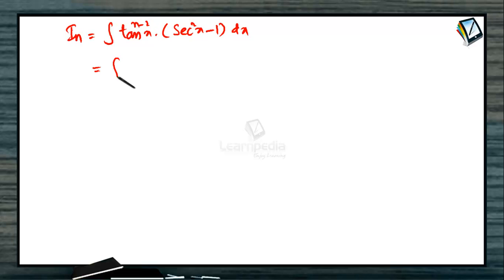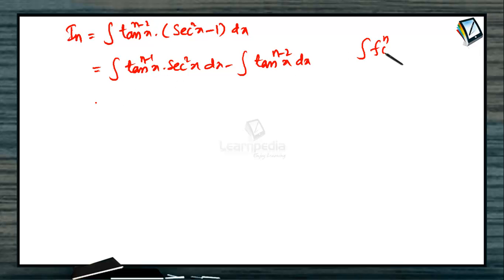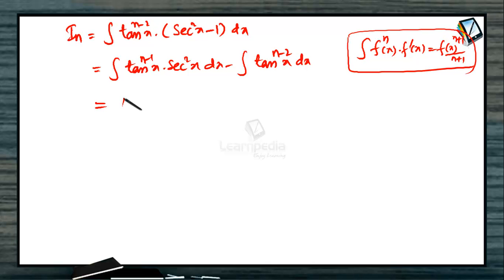If I split this one, the integral of tan^(n-1)x into secant squared x dx minus the integral of tan^(n-2)x dx. So obviously here this is in the form of the integral of f(x)^n into f'(x), which is obviously f(x)^(n+1) by (n+1). Therefore this can be written as tan^(n-2+1), that is n-1, by (n-1), minus this is I_(n-2).